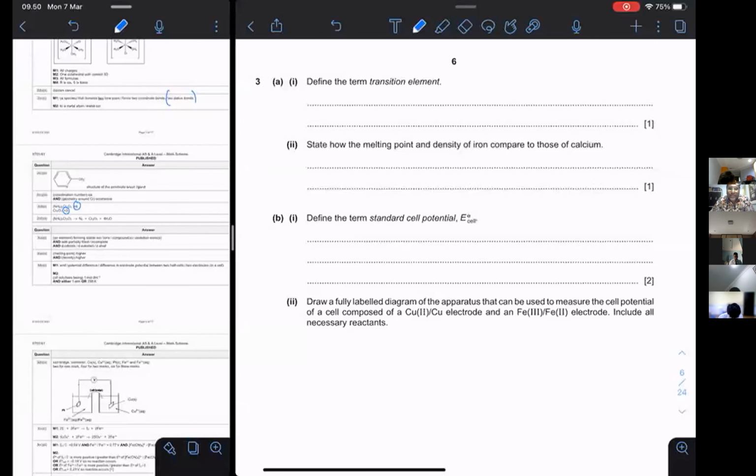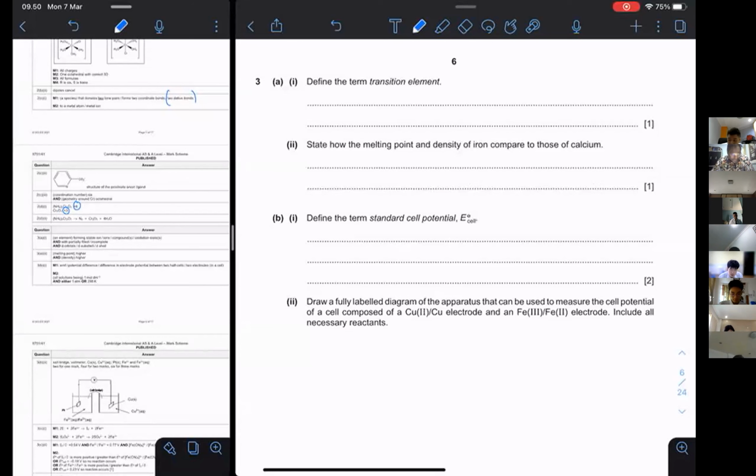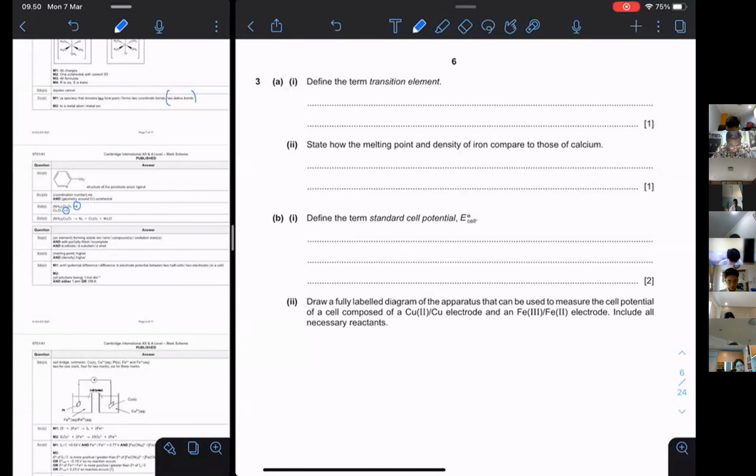Define the term transition element. When you want to define, make sure there are certain points that you must mention.